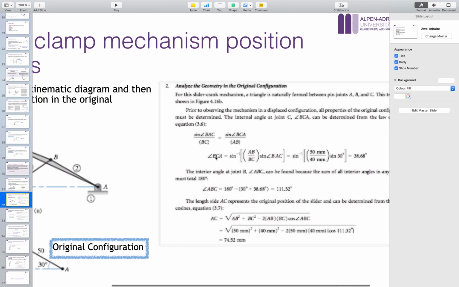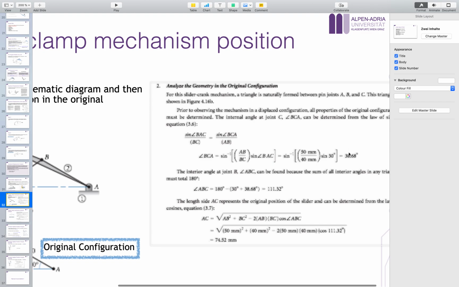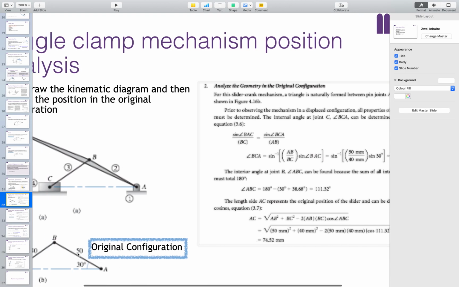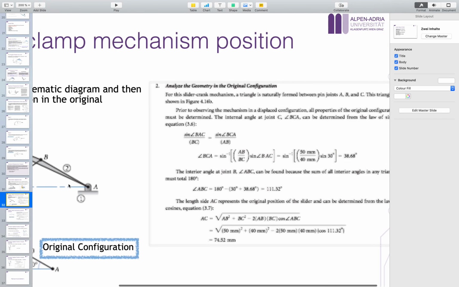So let's get BCA, which would be the arcsine of the rest of the formula, and we get, let's say, 38 degrees. This is the original configuration, so we haven't done any movement yet. We started by using the 30 degrees in this case. So if it is 30, what is the angle or orientation of C? It's actually 38 degrees.